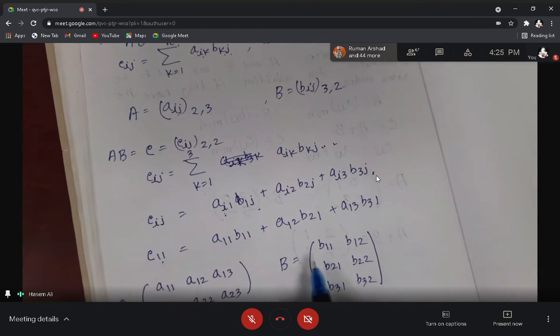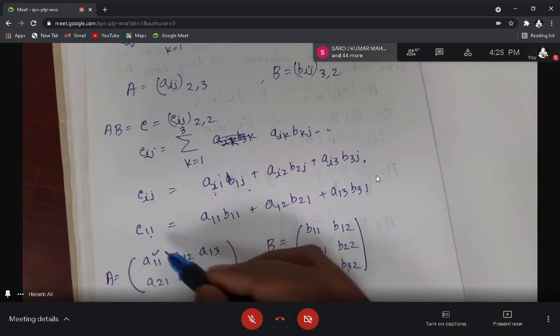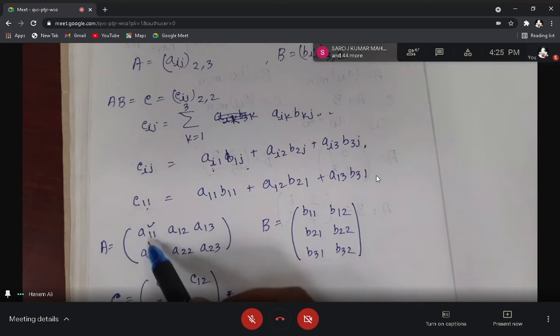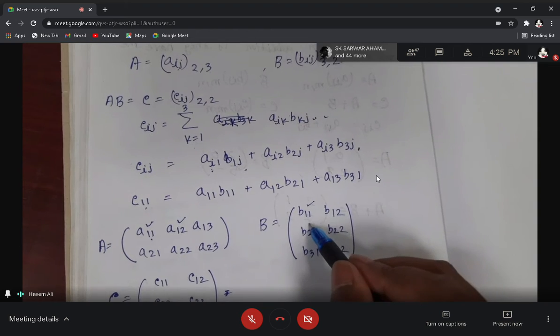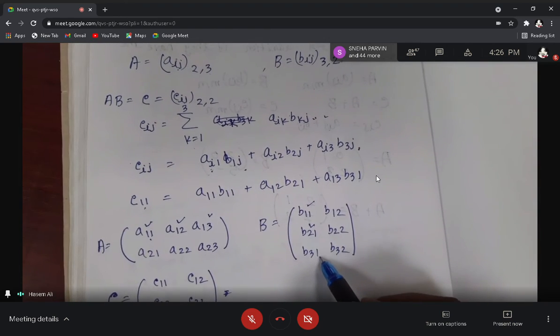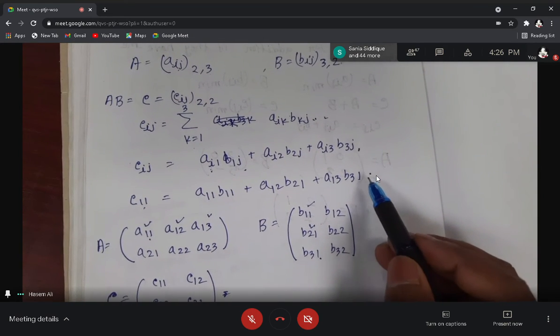Now what is C11? From these two matrices, C11 equals first a11 into b11, plus a12 into b21, plus a13 into b31. This is the expression.